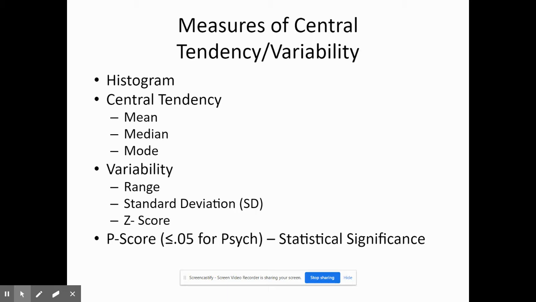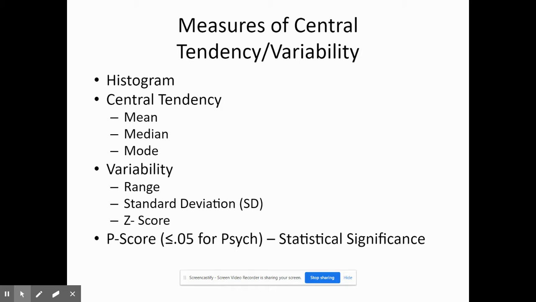So one thing that we can do in terms of measuring the data is create a histogram. A histogram is essentially a bar graph, but it's a bar graph that can sometimes look at multiple variables. Say, for example, you're creating a bar graph of your participants, and you have the heights of your participants on the y-axis and the ages of your participants on the x-axis.